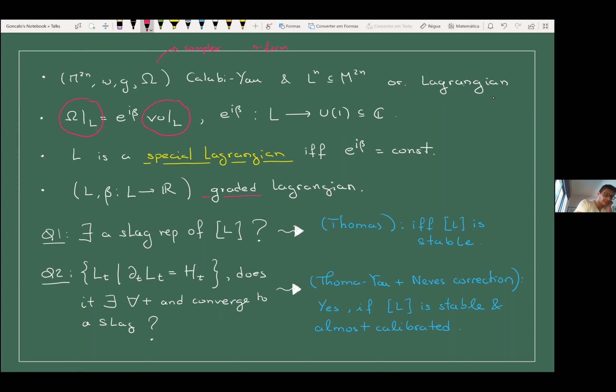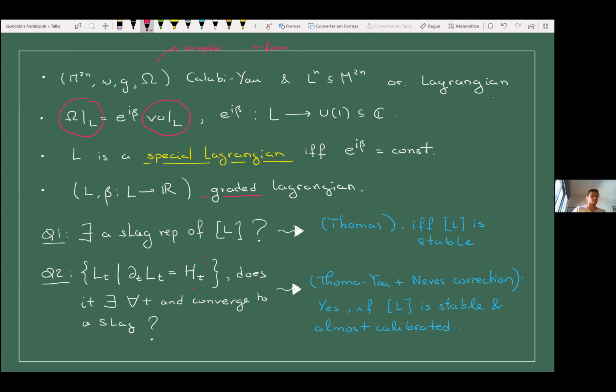And if I have an initial Lagrangian, some L naught, and I pick a family of Lagrangians L_t which evolve through the so-called Lagrangian mean curvature flow, which is the same flow as before, but this H_t is defined also in higher dimensions.